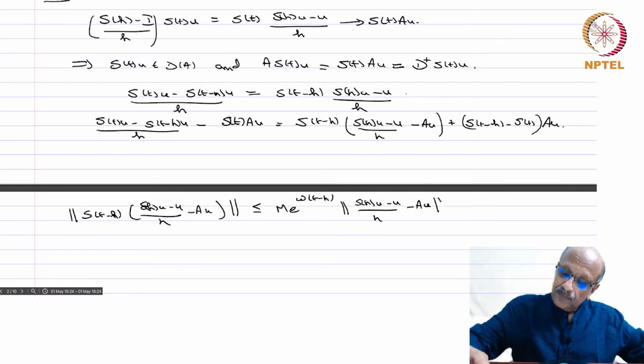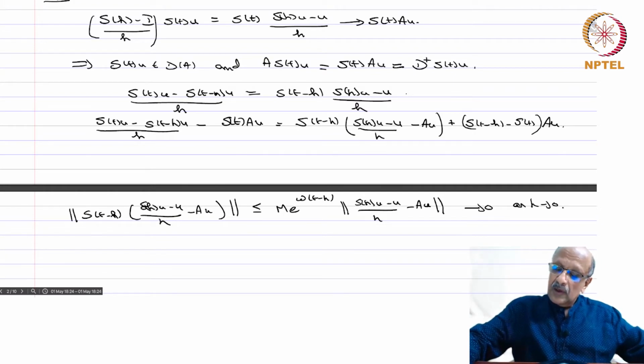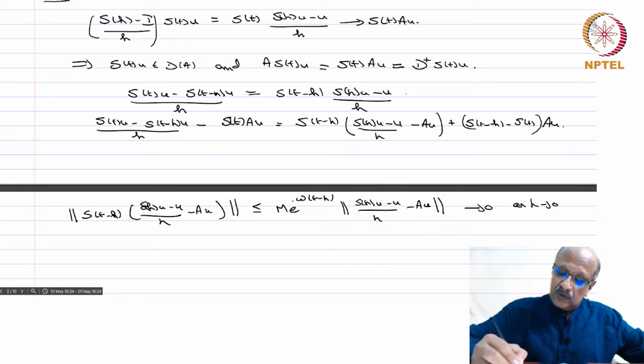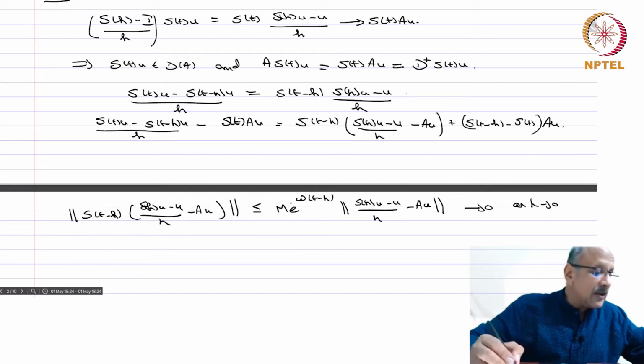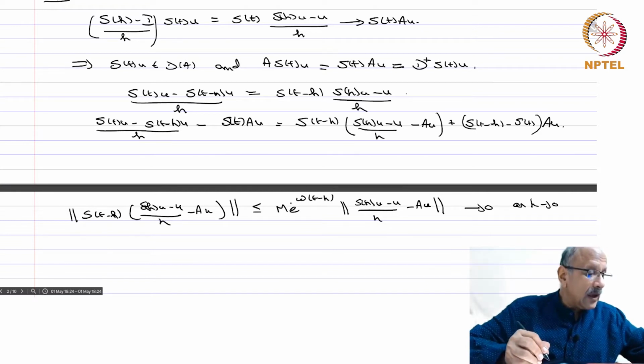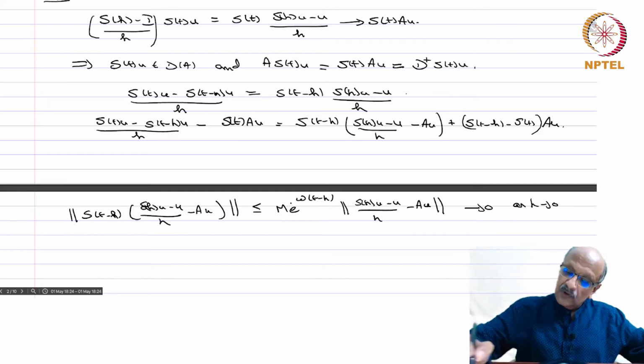Now, as h goes to 0, this goes to 0, because u is in the domain of A and Au is precisely this limit. So, this goes to 0 and this can be bounded, and therefore this goes to 0. Okay. And so, this is because u is in D(A) again.